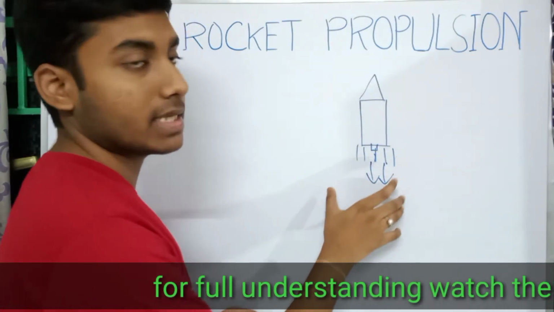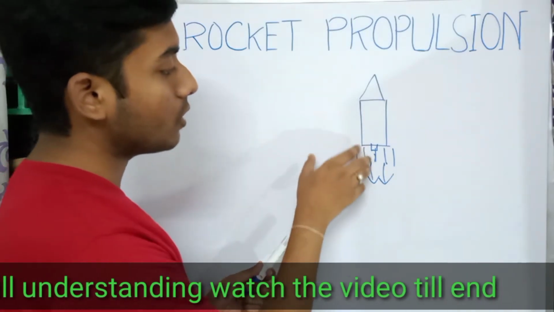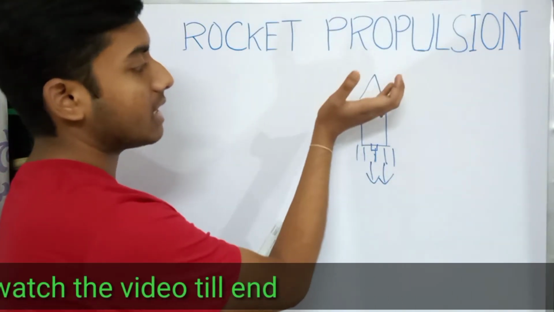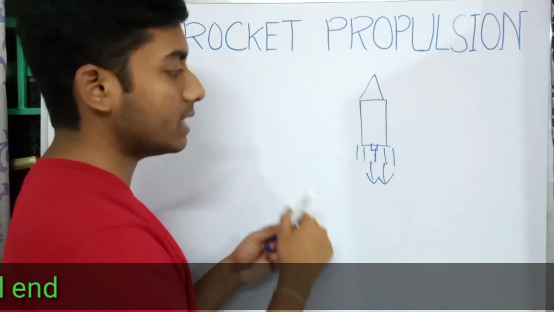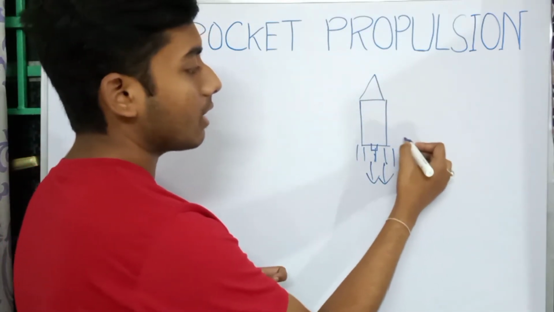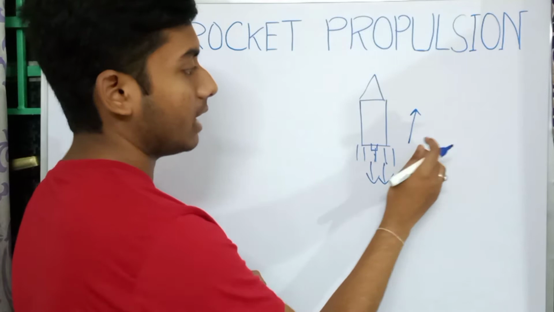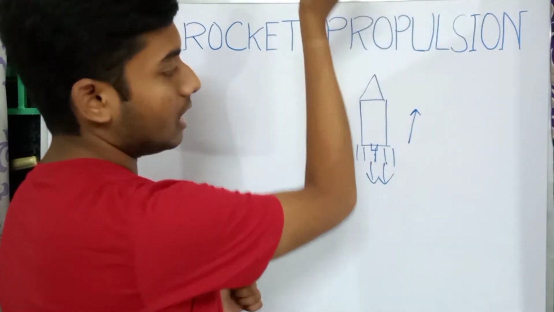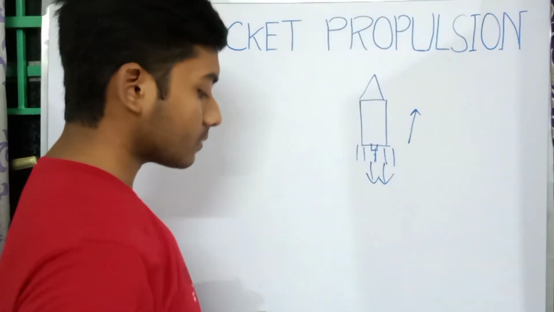These ejecting gases at high temperature produce an upward thrust on the rocket, and for this the rocket gets an acceleration and starts to move in an upward direction.